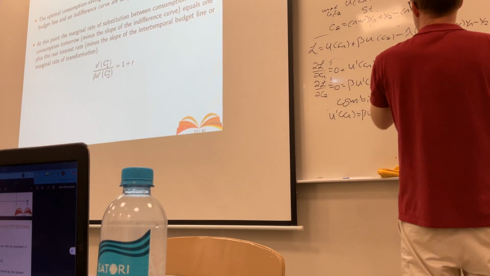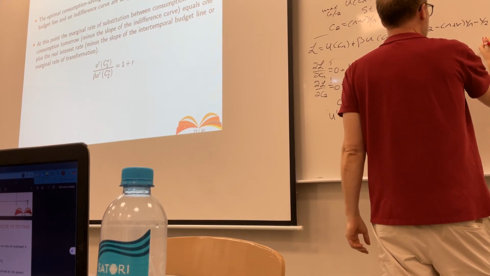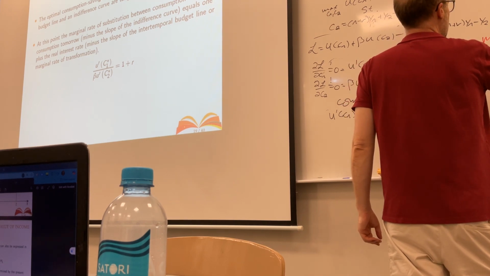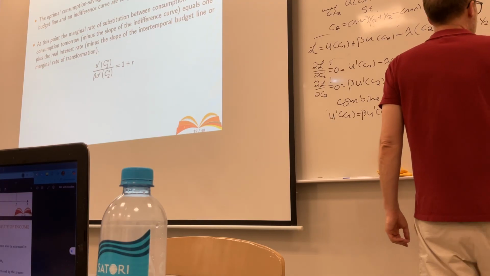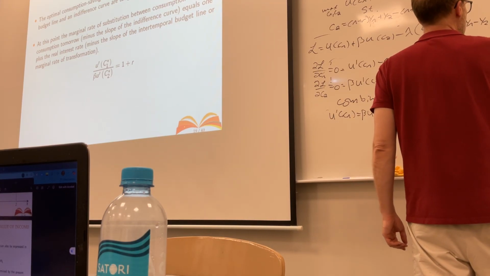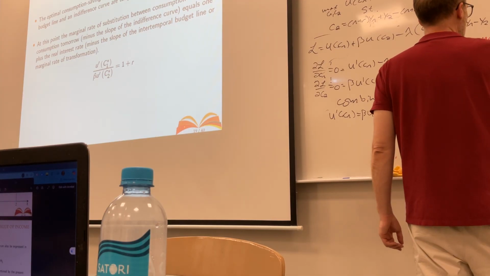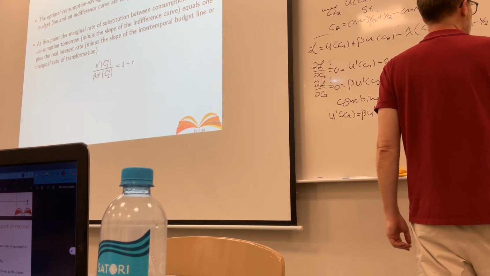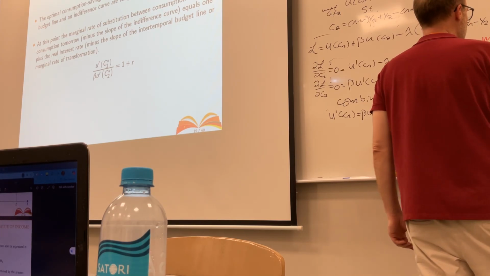Right, we can also solve the problem in another way. Choose c1, c2, s to maximize u of c1 plus beta u of c2, subject to, what did we have? We had y1 equals c1 plus s, and 1 plus r s plus y2 equals c2.